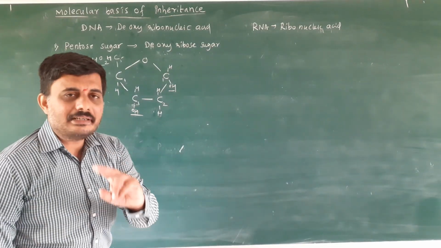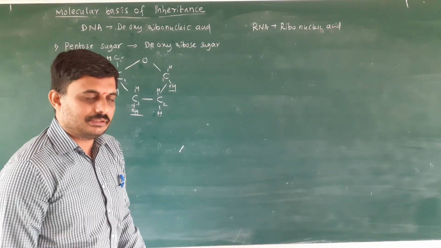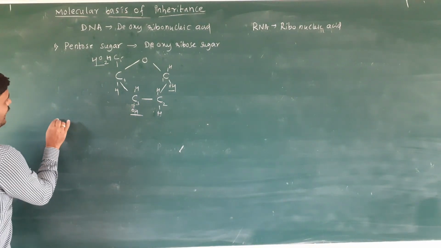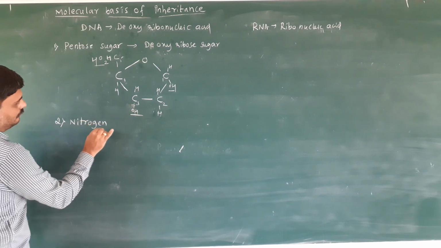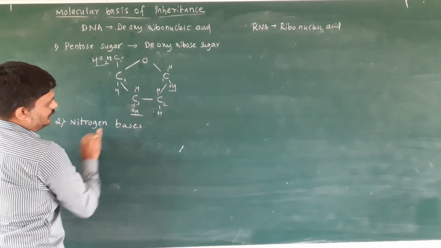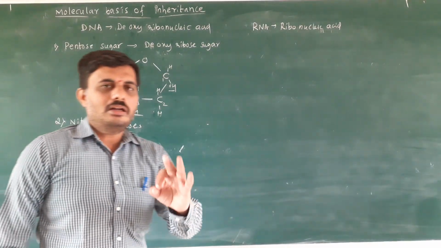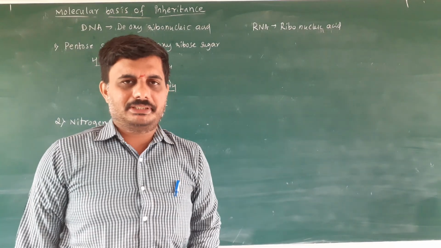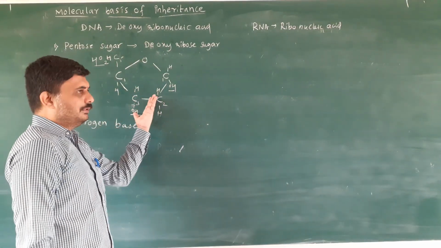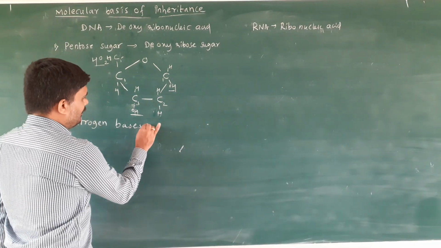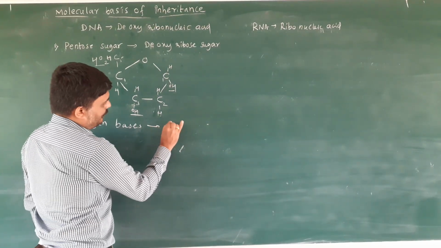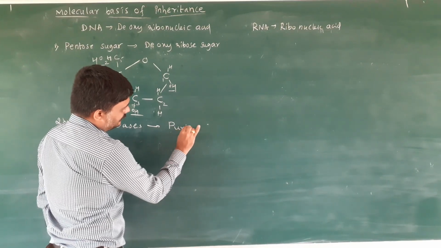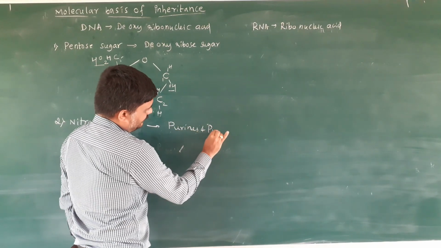And the second component of DNA is the nitrogen bases. There are two types of nitrogen bases present in both RNA and DNA: purines and pyrimidines.